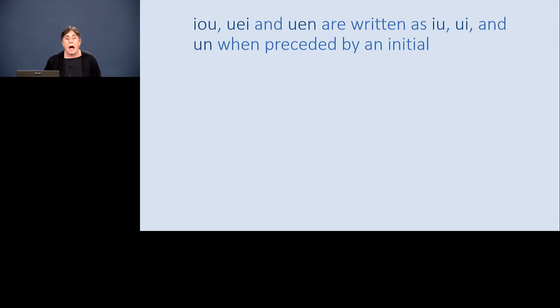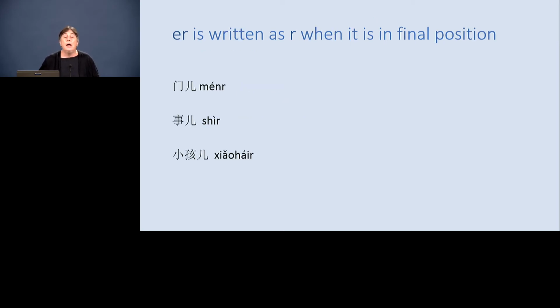So, for example, yo sound, ue sound, and uen sound are written as I-U, U-I, and U-N, respectively, when they're preceded by an initial. So you hear Leo, and you're going to write L-I-U. You're going to hear Gui, and you're going to write G-U-I. And you're going to hear Shun, and you're going to write S-H-U-N.